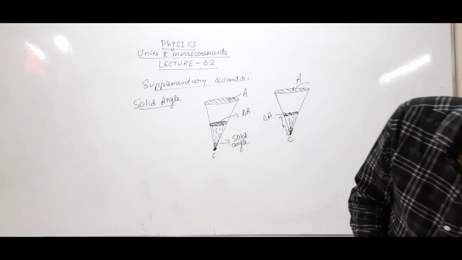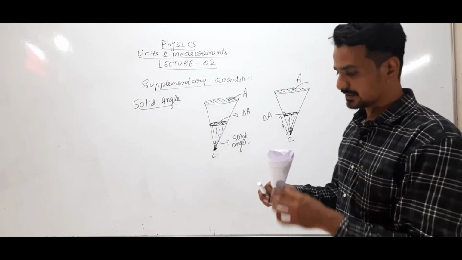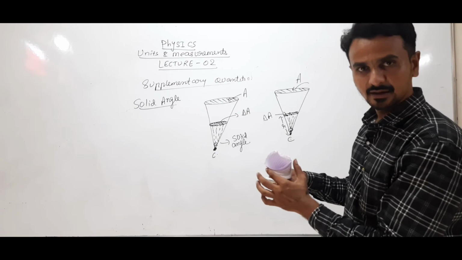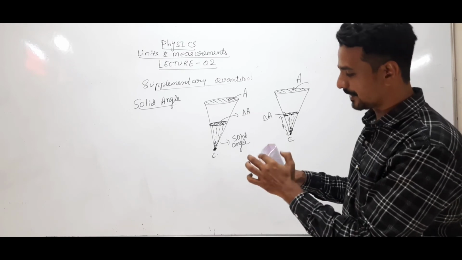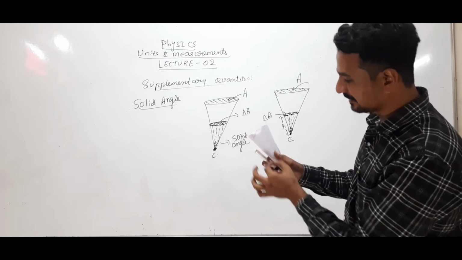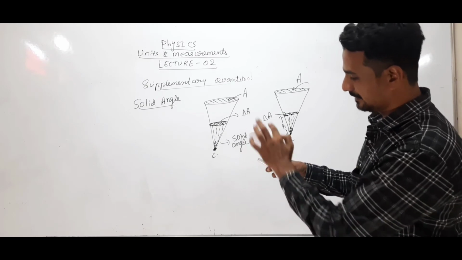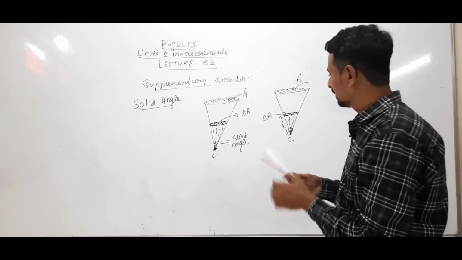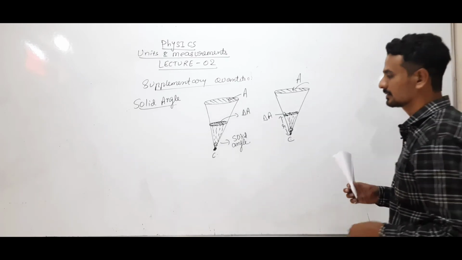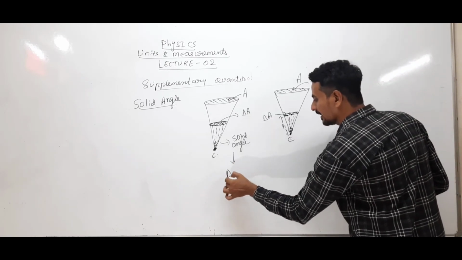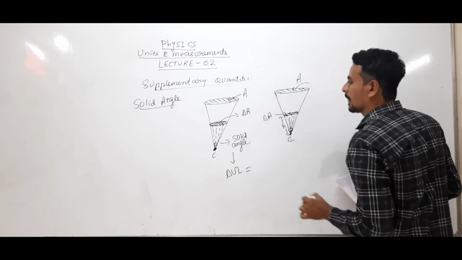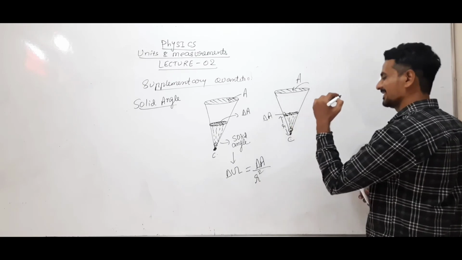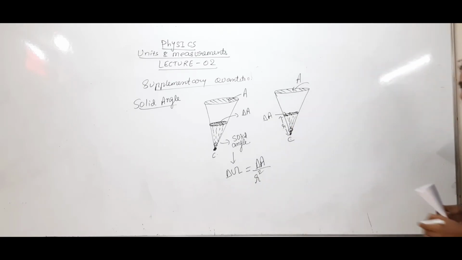Suppose this is your area delta A. From each and every point, I am drawing a line this way. This angle is known as solid angle. Clear? So the solid angle is equals to delta A upon r square.